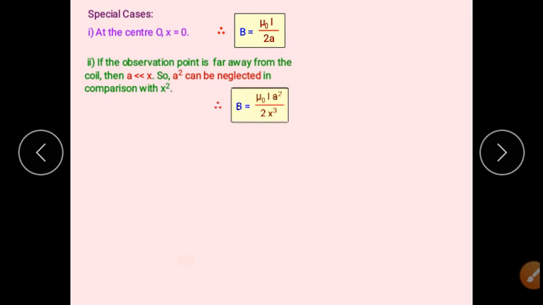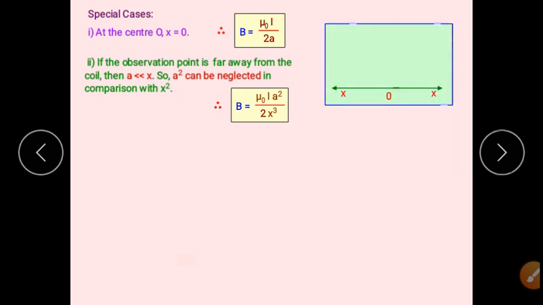If you neglect the term a² in the denominator of the third equation, we will get the equation like this, if the field point is far away from the coil. From this equation, it is clear that B is proportional to 1 by x³. So how we can draw the graph? If you draw a graph B versus x, let us draw like this, since B is proportional to 1 by x³.